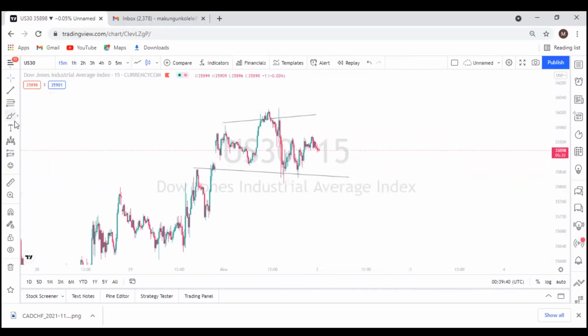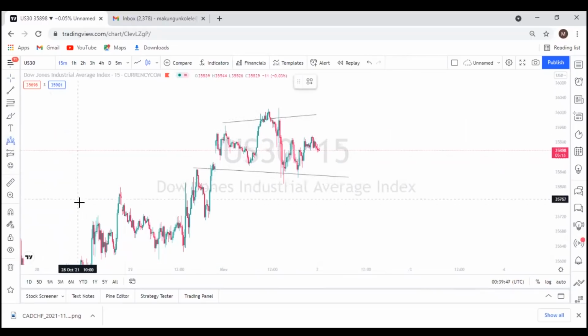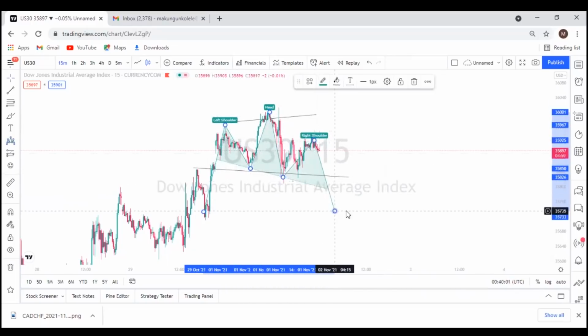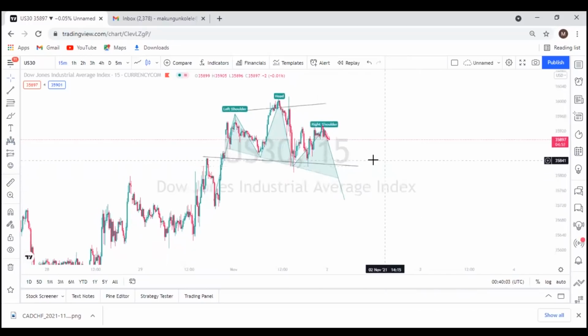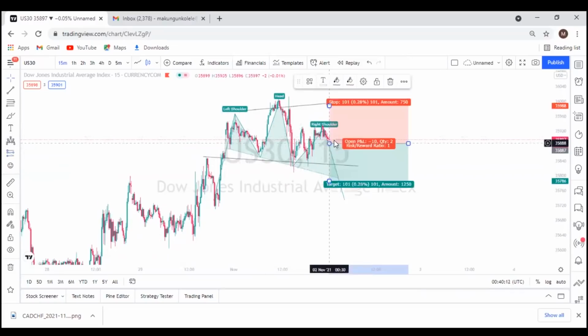But once again we need to contradict ourselves, because with indices anything can happen. It's a different ball game compared to currency. I also see this head and shoulders, so this can also happen, but it's less likely to happen, right?